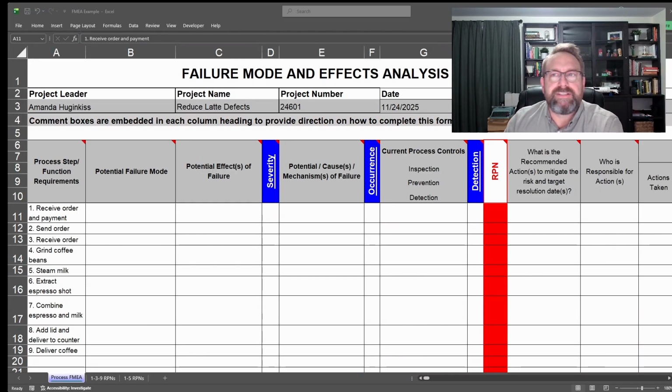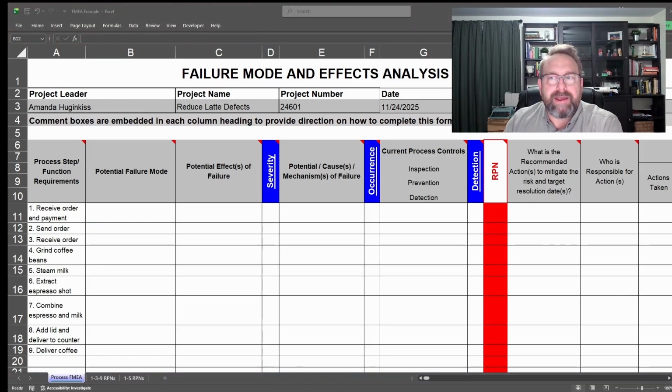To prepare for your session, all you need to do is to add to the first column the process steps from the detailed process map. Process map steps should be numbered, and those numbers will carry over into this document.